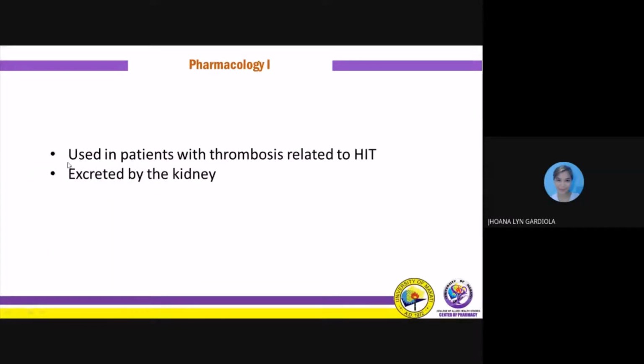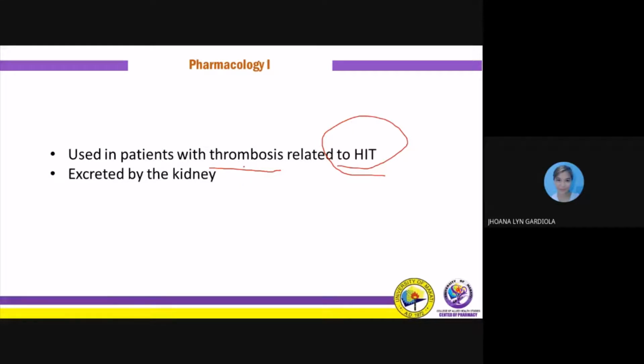Lepirudin is also used, and our lepirudin is licensed for the treatment of thrombosis. It is used for the treatment of thrombosis complicating HIT. And as we said earlier, it is given parenterally as an intravenous infusion.